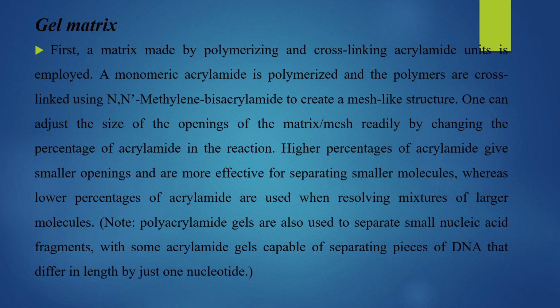Now first, a matrix made by polymerizing and cross-linking acrylamide units is employed. So you think of cross-linking them. A monomeric acrylamide is polymerized, so bringing so many together, and the polymers are cross-linked using N,N'-methylene bisacrylamide to create a mesh-like structure.